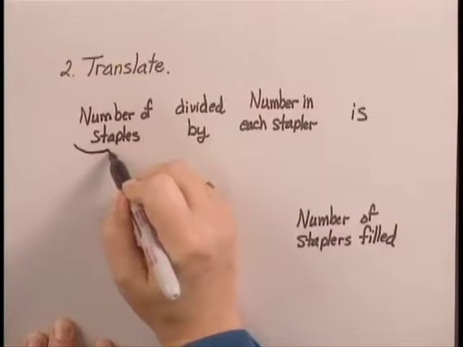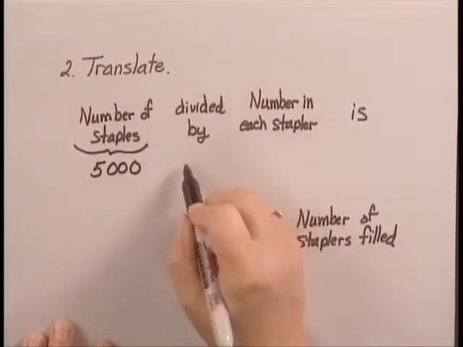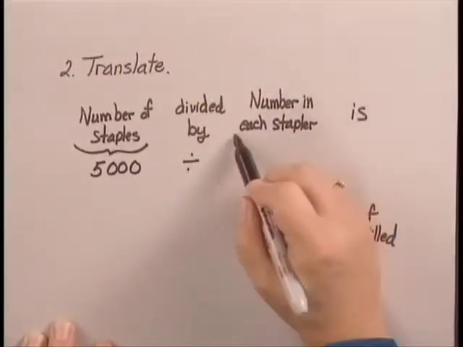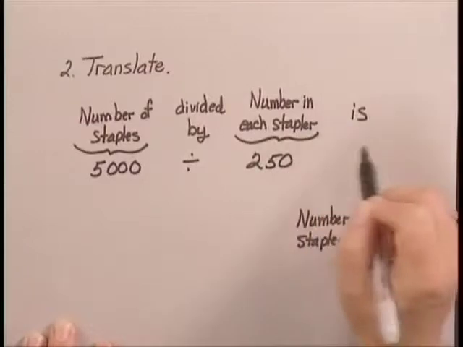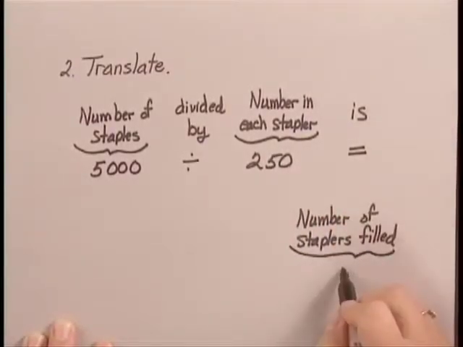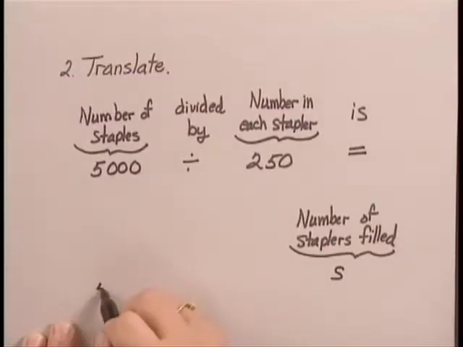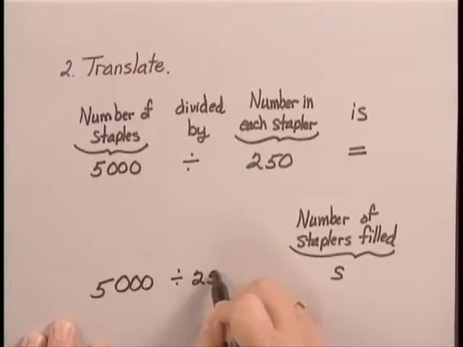So we have the number of staples in the box was 5,000 divided by the number in each stapler is 250 is, and the number of staplers filled we said was S. So we have the equation 5,000 divided by 250 equals S.